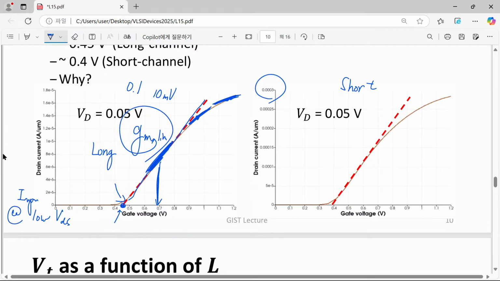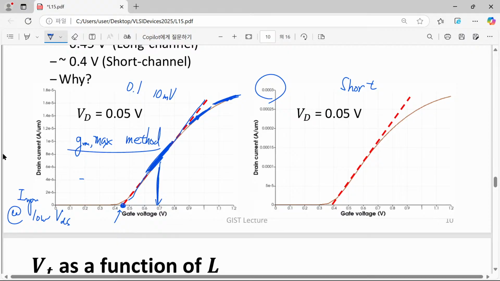Of course, there is a certain correction using half of VDS value. However, in this case, this VDS value is quite small, so this correction is not that important. So anyway, it has its own name, called the GM max method.